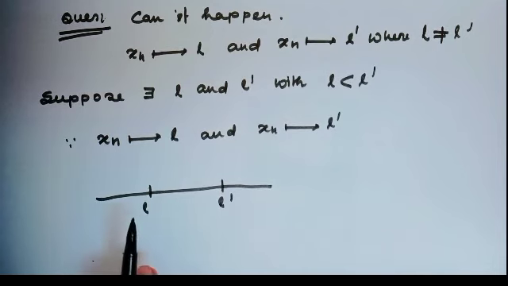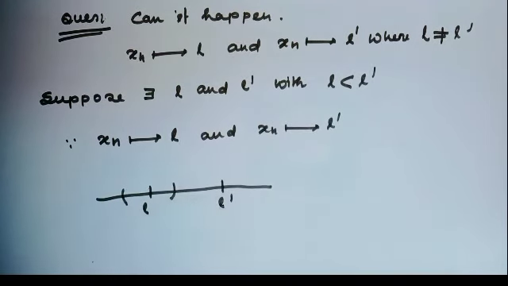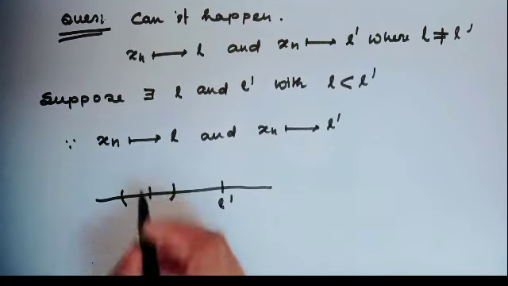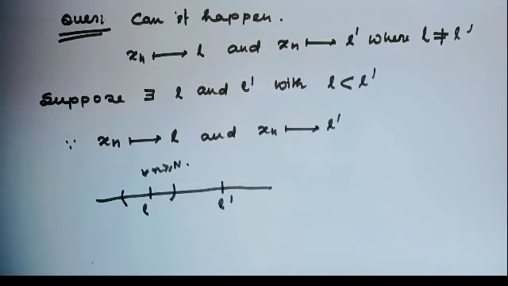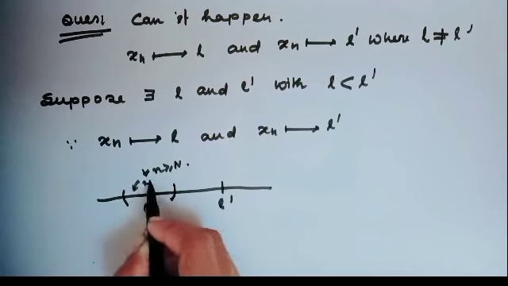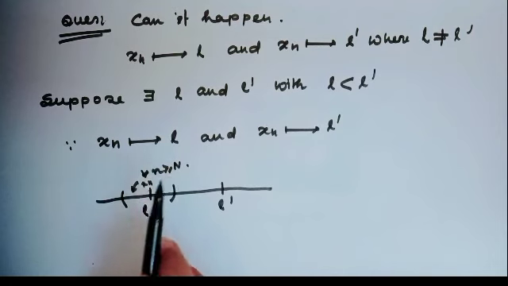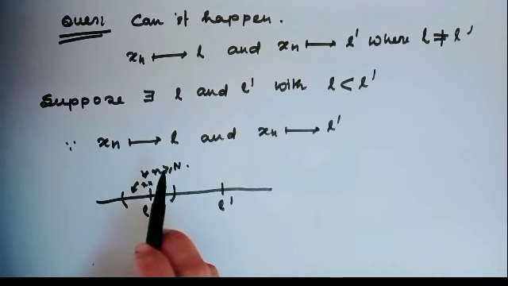Here I take an interval around L. Since L is a limit point, for all n belonging to capital N, xn lies here. That means after some stage capital N, infinitely many xn lie here by the definition of convergence.